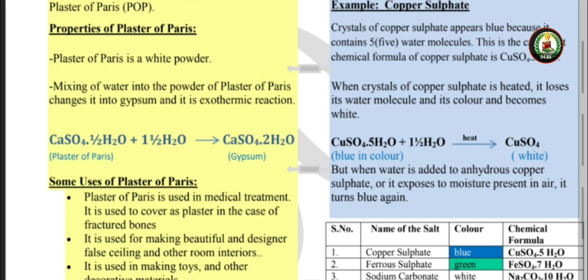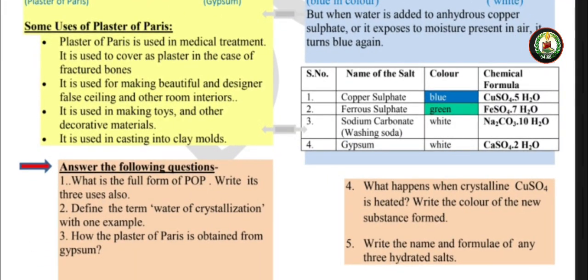Got it? And here a table is given to you, students. Name of the salt, color and chemical formula. First, copper sulfate, that is blue in color, and the formula is CuSO4 5H2O. 5 water molecules are attached here. It means the water of crystallization is 5. For ferrous sulfate, the color of the crystal is green and the formula is FeSO4 7H2O.